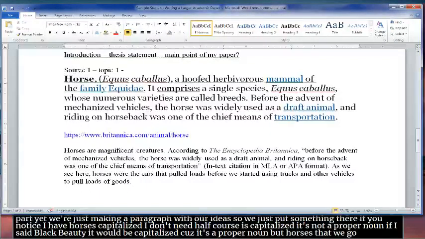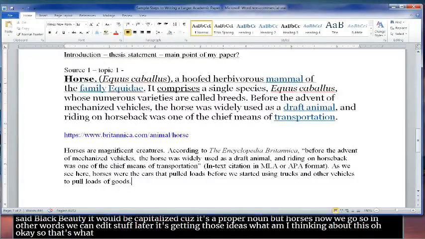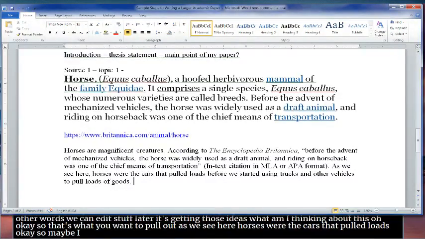So in other words, we can edit stuff later. It's getting those ideas. What am I thinking about this? Oh, okay. So that's what you're wanting to pull out. As we see here, horses were the cars that pulled loads. Okay. So maybe I want to relate it to something that happens these days. Okay.